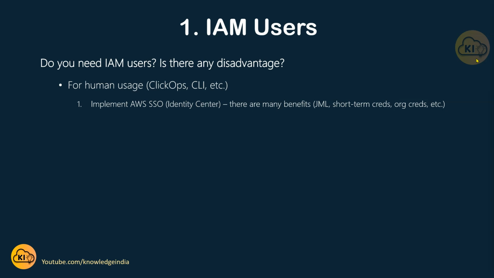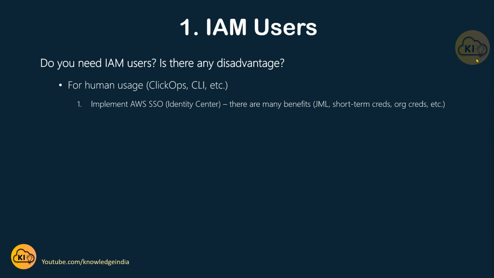And when you set up SSO, you will make use of your organization's identity store. Let's say your organization's Azure Active Directory, for example. You will make use of that with AWS SSO. And what will happen?